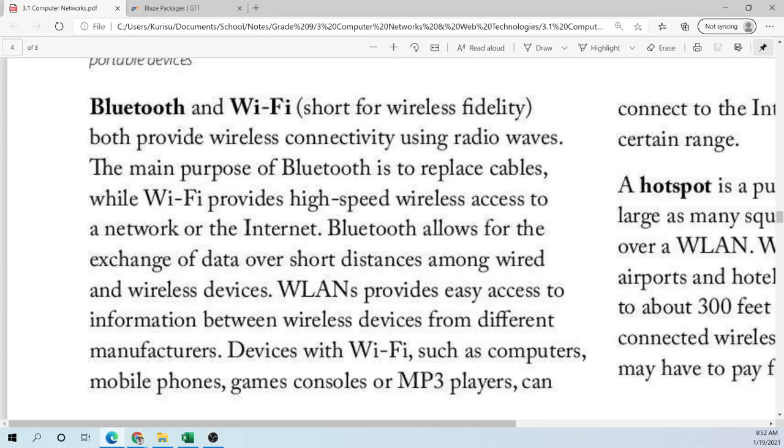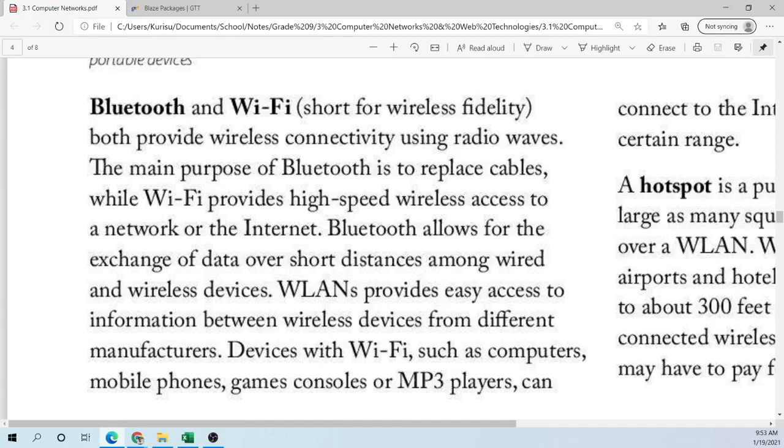So we have three options when it comes to wireless connection. The first, we have Bluetooth. Most of you should be familiar with Bluetooth. You have it on your phone. Now, the purpose of Bluetooth is to replace cables.